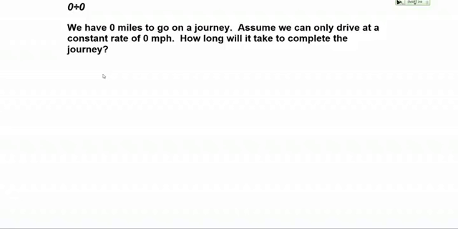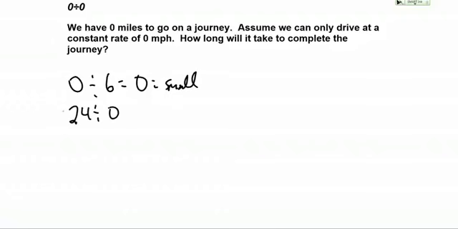Now on one hand, before we get to the story problem, we actually have a different sort of undefined going on here. Just looking at it from one point of view, we've talked about 0 divided by 6, or 0 divided by any non-zero number, to be 0, or very, very small. And we've talked about 24 divided by 0 as being very big, or we could sneak in an infinity.